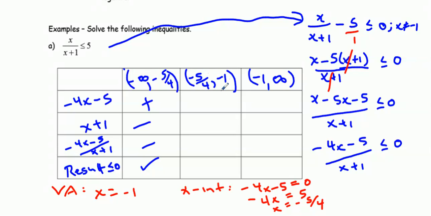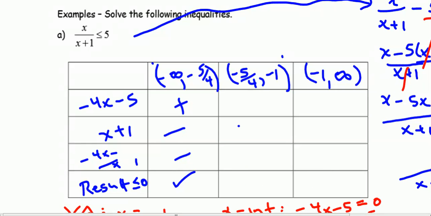From negative 5 over 4 to negative 1, I would strongly suggest you change it to a decimal. It's probably the easiest way to do it. Negative 5 over 4 as a decimal is negative 1.25, and we're trying to find some number to test between negative 1.25 and negative 1. So how about something in between, like negative 1.1?